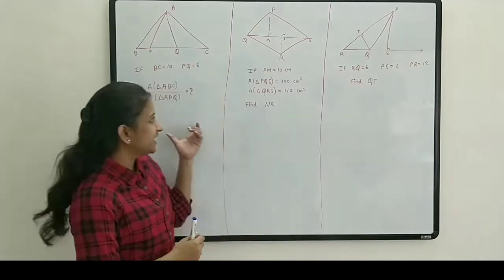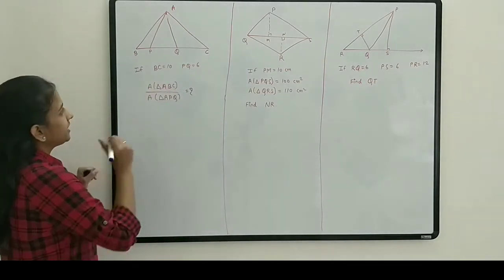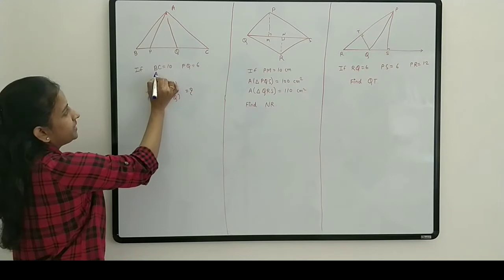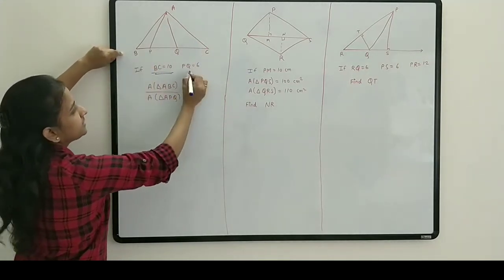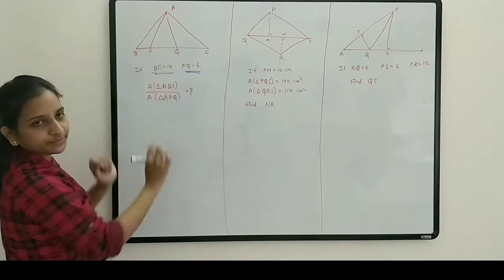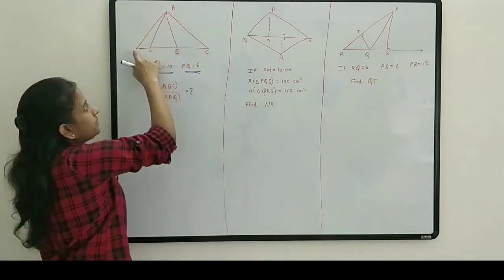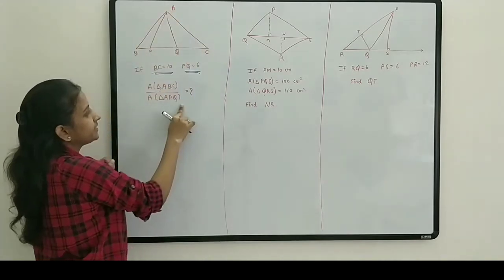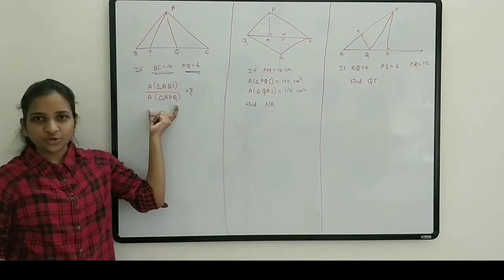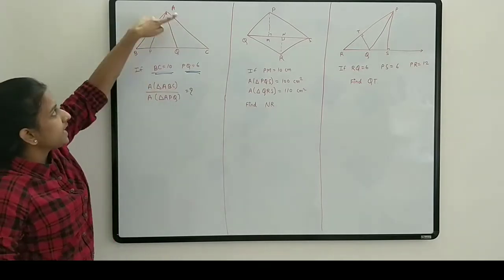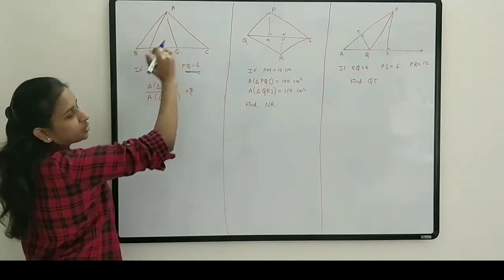Here I have taken three examples. Let's solve this first. What is given? In this figure, BC is 10 and PQ is 6, and we have to find the ratio of the area of triangle ABC, the bigger triangle, divided by the area of triangle APQ. Okay. Now for these two triangles ABC and APQ, the bases are BC and PQ.